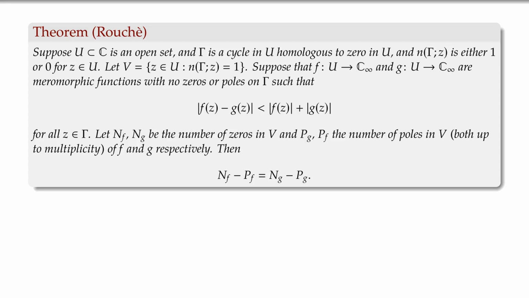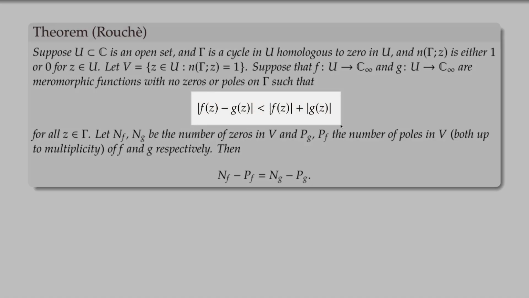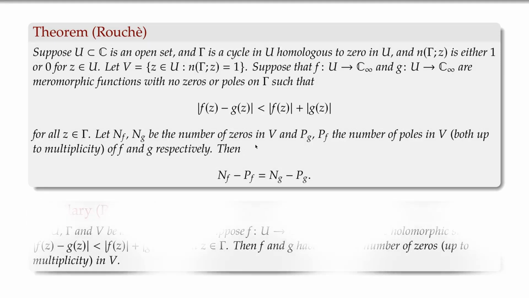So let's suppose that we have two meromorphic functions, f and g, and let's suppose that they have no zeros or poles on gamma, and suppose that for all z on gamma, we have this inequality, that their difference is strictly less, it has to be a strict inequality, strictly less than the modulus of f plus the modulus of g.